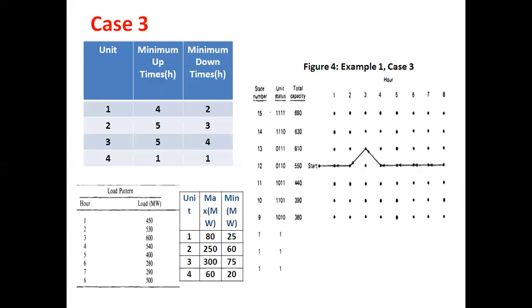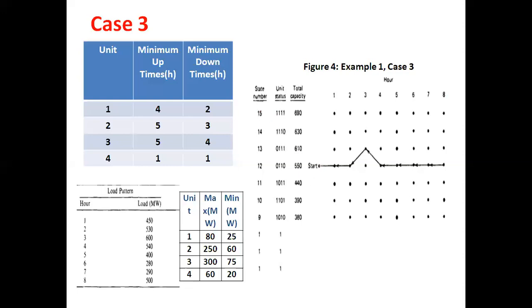So we are using an 8-hour pattern, hours 1, 2, 3, 4, 5, 6, 7, 8, and the corresponding states are given, from state 1 to state 15, along with the corresponding capacities.